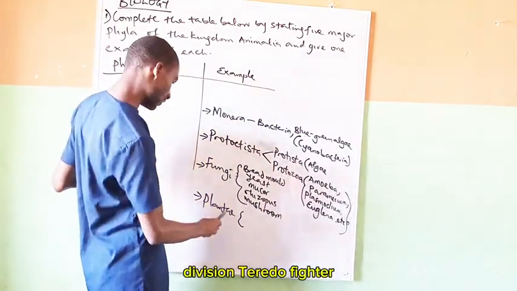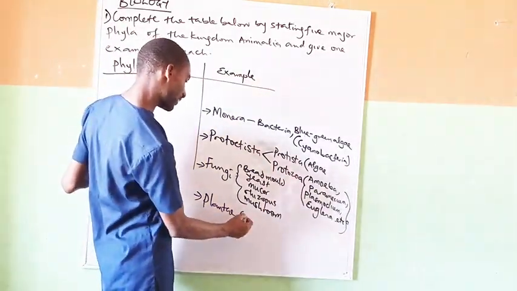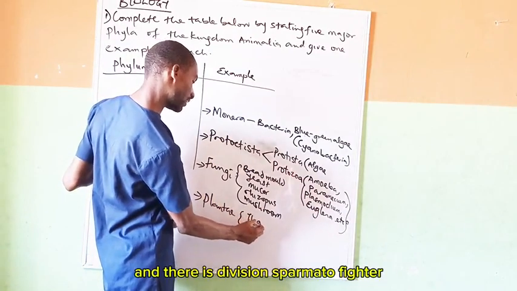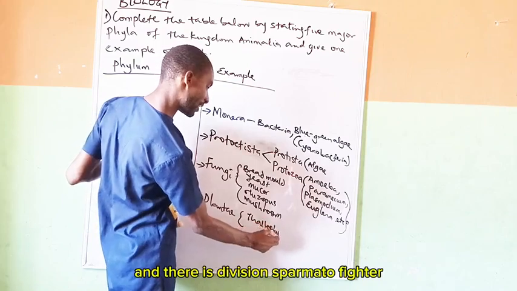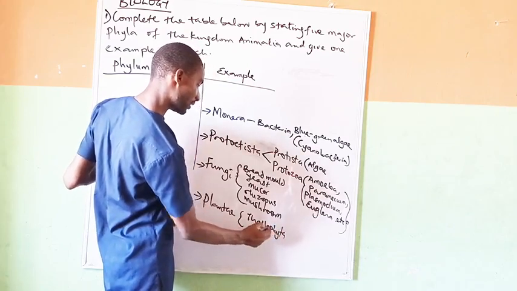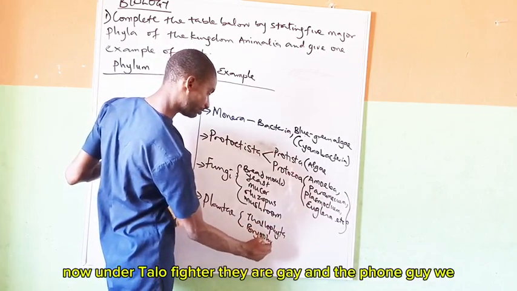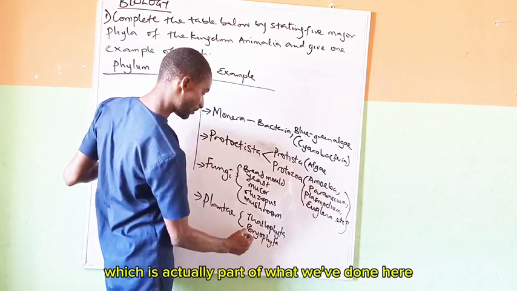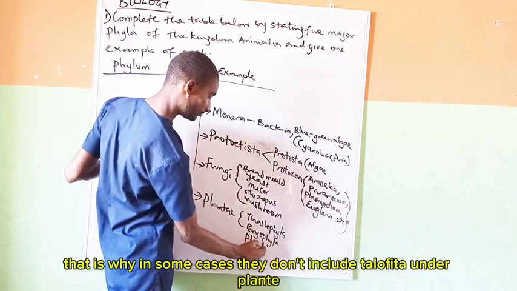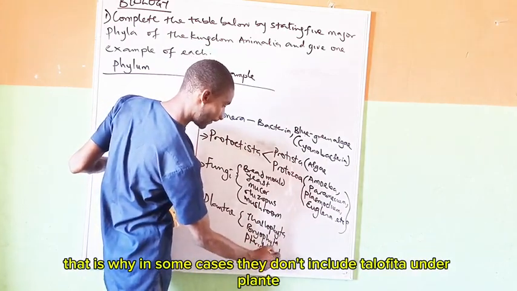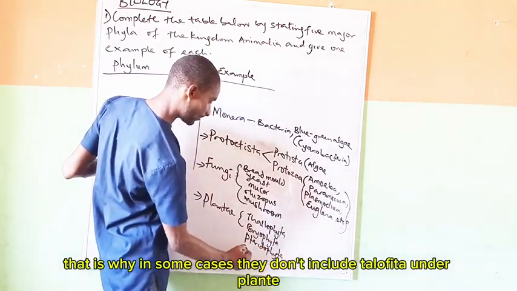Gymnosperms are non-flowering. So under Plantae, you have division Thallophyta, division Bryophyta, division Pteridophyta, and division Spermatophyta.